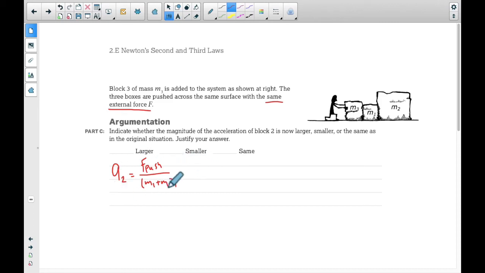If this is what I came up with at the end of my two-column proof on the other side, if my push does not change, and yet I add another mass here, well, now what's going to happen to acceleration? It's going to become smaller, right? Because you have the same amount of push, but you've added more stuff. So it's going to be a smaller acceleration.